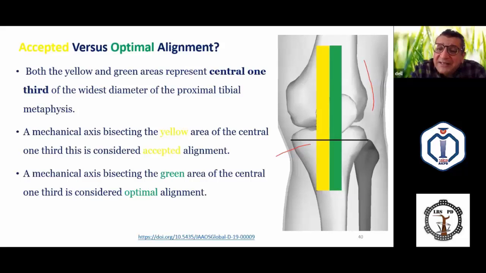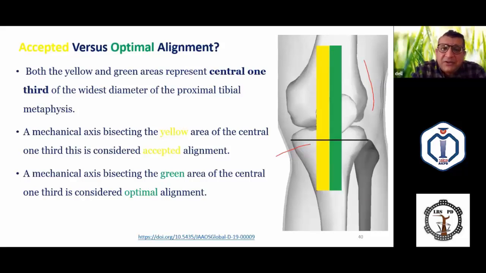But we have said, if the mechanical axis falls into the medial half, the yellow zone, we will say that this is accepted. But if it falls into the lateral half of the central 1/3, we will say that this is optimal, because valgus is more physiological than varus. Usually in children, we don't have a fixed point to say this is normal or not, because children have dynamic growth and are always changing and evolving their biomechanics through the various stages of growth.